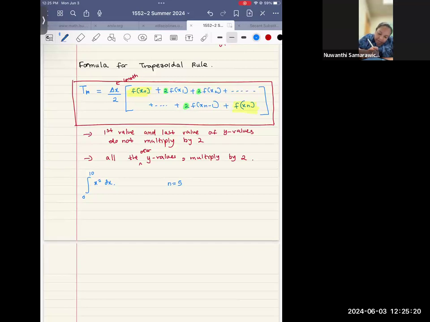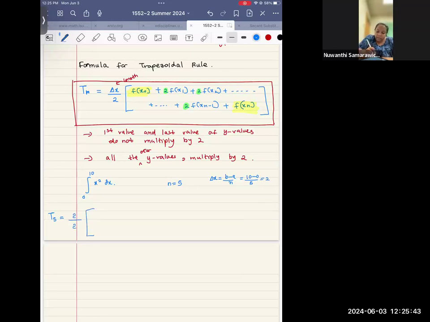T_5. Delta x, which is the first step, is (b minus a) over n. So 10 minus 0 over 5, that is 2. So 2 over 2.